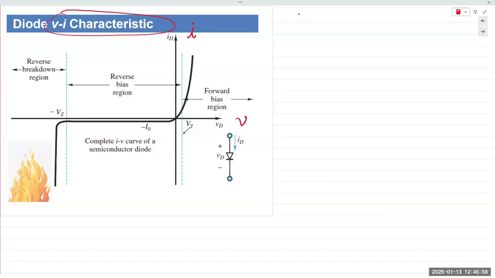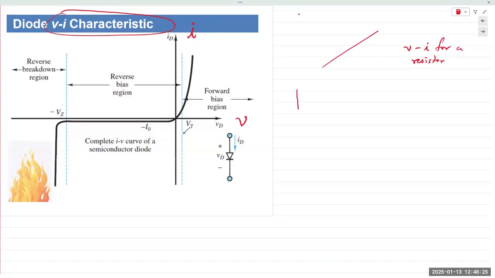In a resistor, a linear device, you have something like this. So the VI characteristic for a resistor or a capacitor or an inductor for that matter is linear. If you increase the voltage, the current increases. If you decrease the voltage, the current decreases, and vice versa. For a diode, not so.